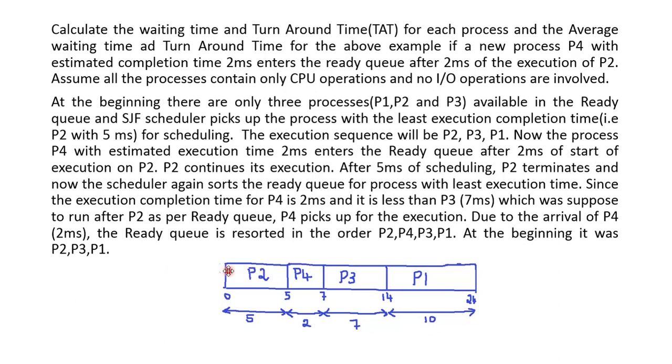After the entire completion, that is after 5 millisecond, the scheduler resorts the remaining processes in the ready queue, and then the shortest process takes up the execution next. So P4 is the process having the shortest execution time. P4 comes first among the remaining processes, then P3, and the last one is P1.